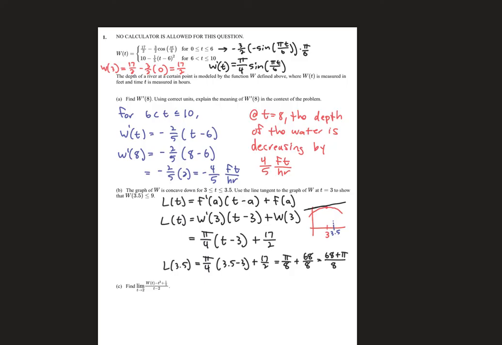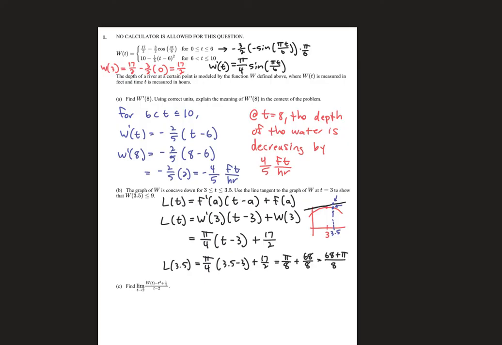So notice at 3.5 that the approximation is greater than the actual value of the function. And that's going to be true anytime a function's concave down. The approximation using the linear approximation, the linearization, is always going to be greater than the actual value of the function.